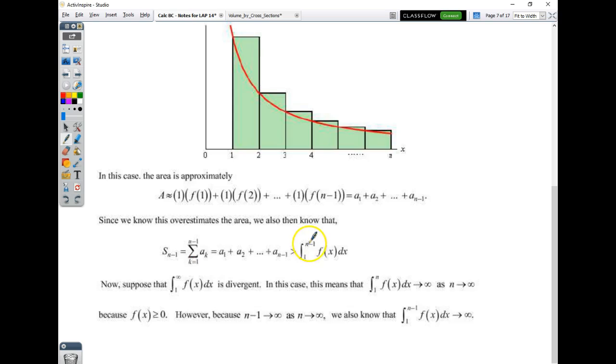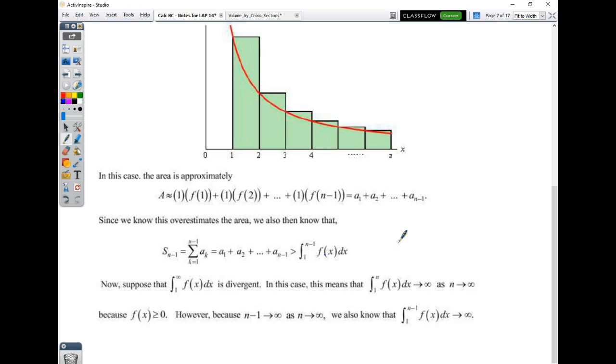Because if n goes to infinity, then this is really just 1 to infinity, and this is really just 1 to infinity, right? And what does that tell me? That tells me that the series has to be bigger than the integral. So you might want to write that somewhere down here. The series is bigger than the integral.